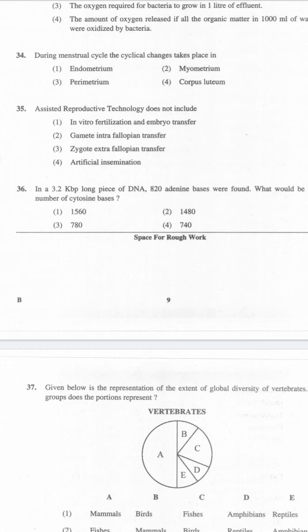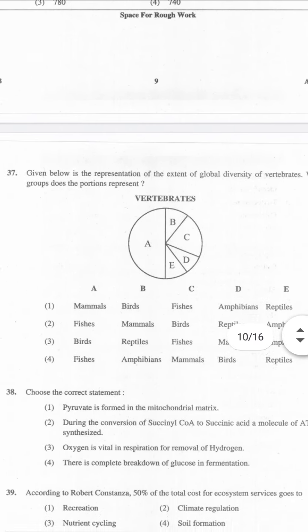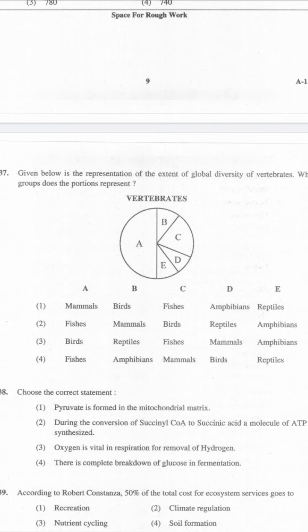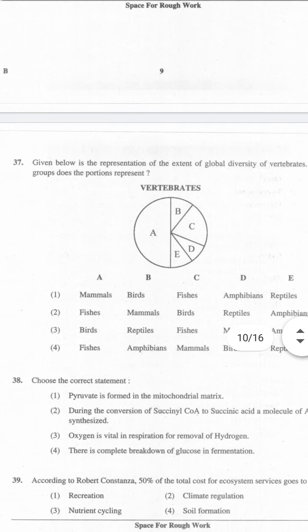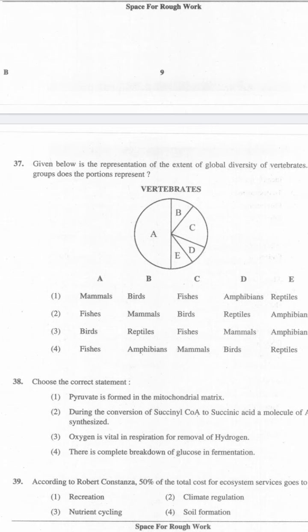And now I'm going to the next question, the 37th question. Given below is the representation of the extent of global biodiversity of vertebrates. What groups do the portions represent? We need to identify A, B, C, D, E in the given pie chart.